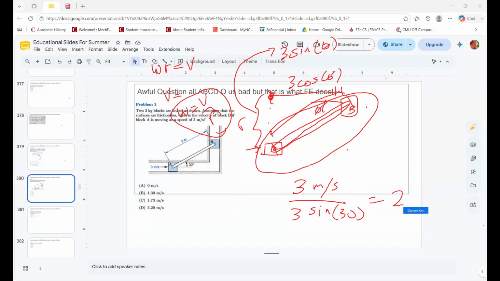With that, omega equals 2 in this case. And that equals VB divided by 3 cosine 30. Then 2 multiplied by 3 cosine 30 equals something similar to 5.19, so it is D.